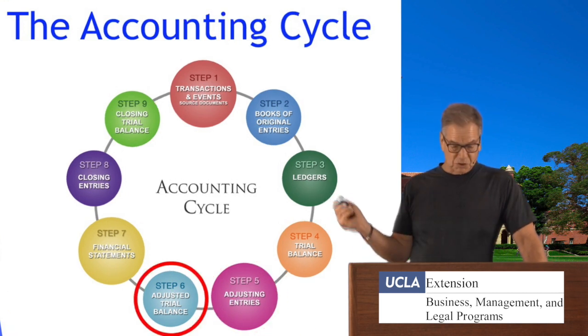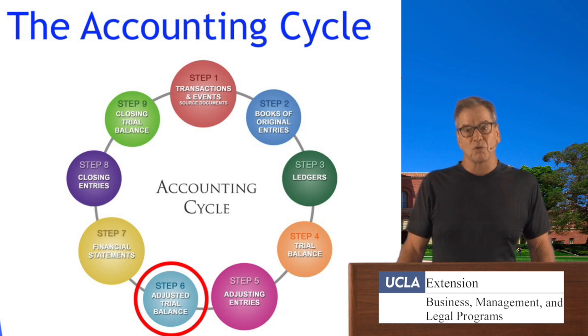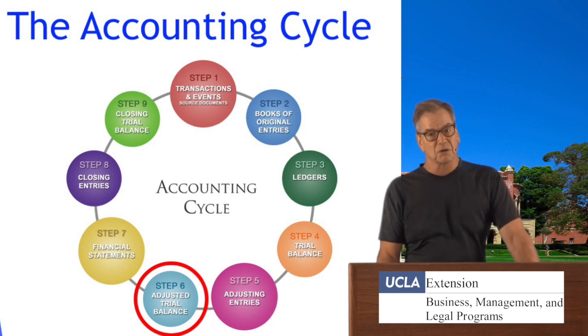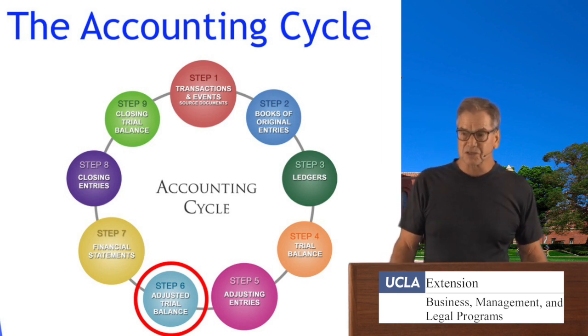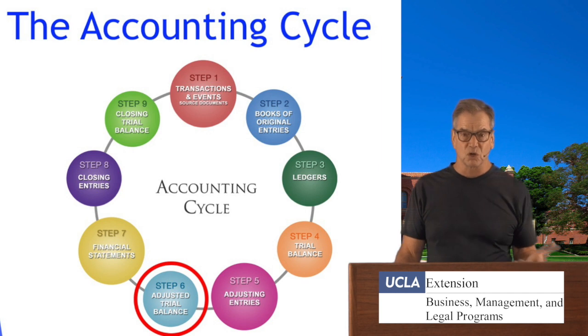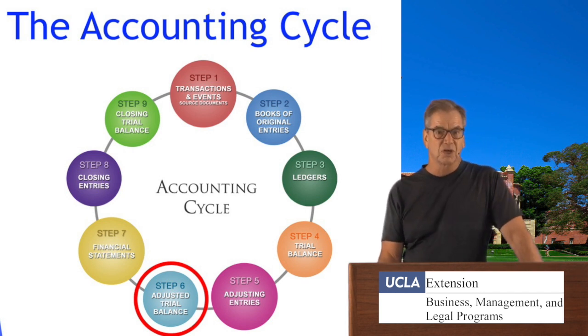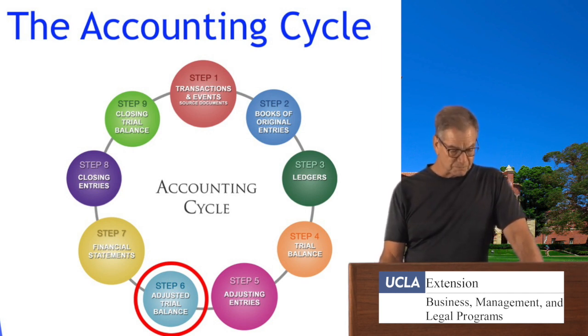And then the next thing we do is an adjusted trial balance. Now we generate a report, and again we take a look: do all the balances look correct? Is everything ready to go? Are we getting closer to being able to generate our actual year-end financial statements?